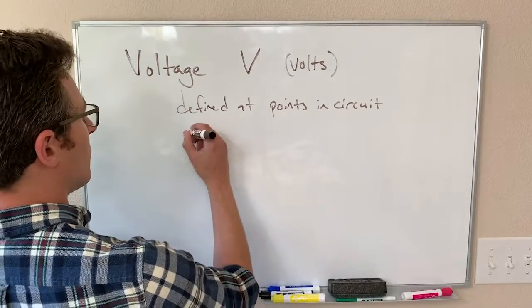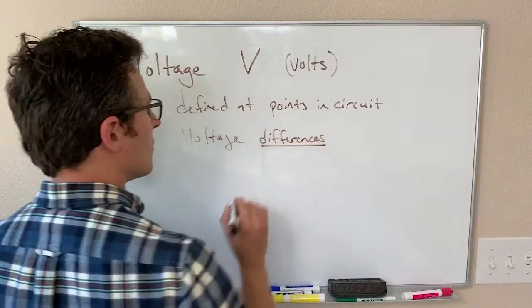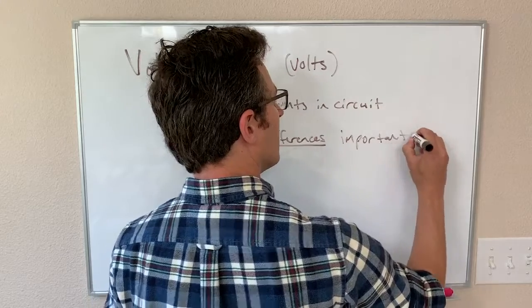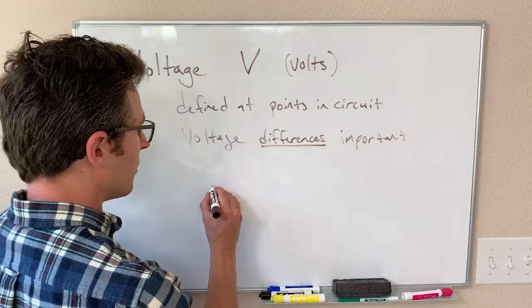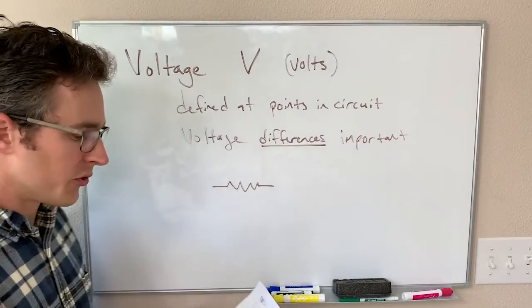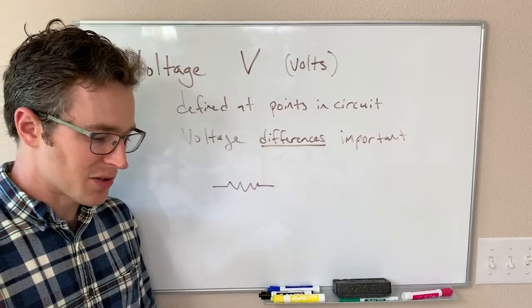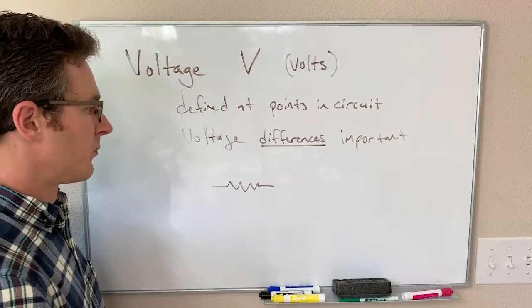So voltage differences are really the important thing to pay attention to here. So for example, if we have a component like a resistor, we can look at the voltage across this resistor. So that's what we say, the voltage across this resistor, or sometimes we call that the voltage drop of the resistor.